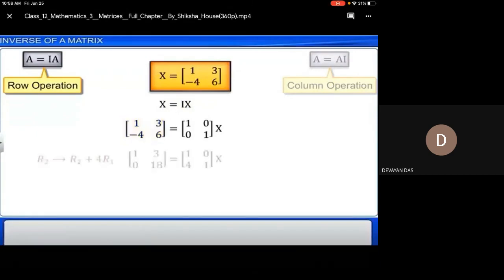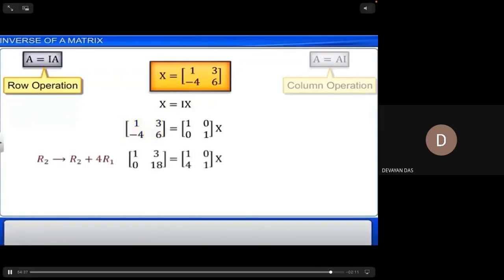So how do we make minus 4 a 0? The minus 4 is present in the second row, so we have to make it 0 using the first row. So we are multiplying the first row by 4 and adding to the second row. Did everyone understand this step?